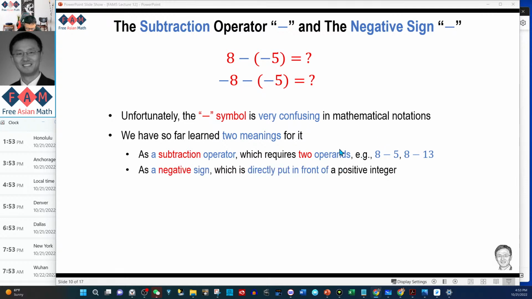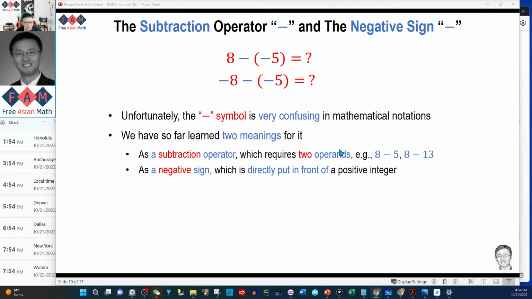On the other hand, when we say -1, -5, and so on, what is that? Well, we call it a negative sign. But really, what is a negative sign? What do you mean by putting that little dash or subtraction symbol, whatever you call it, in front of another integer or positive integer?